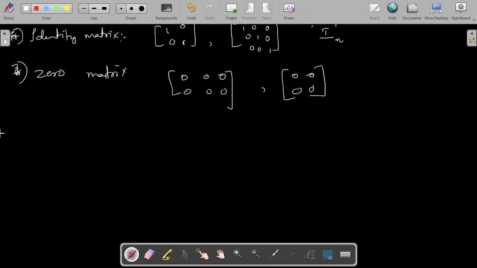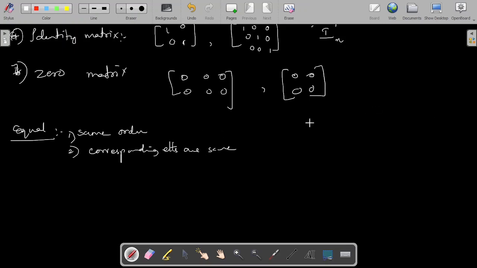Now, two matrices are equal if corresponding elements are equal and they are of the same order. The first condition is that the two matrices should be of the same order. The second condition is that corresponding elements are the same. Then we say that the matrices are equal.